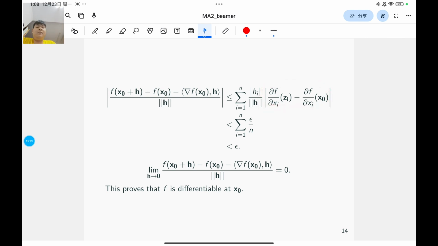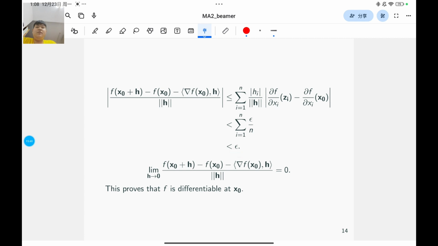So 1 times epsilon over n is epsilon over n here. Then for the summation, we multiply by n and we get epsilon. So this means the limit is equal to 0, because it is less than epsilon.